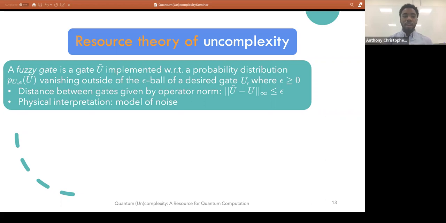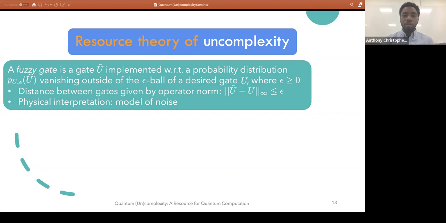There's some probability going in all directions of that gate U that we get some other gate U tilde. And moreover, the assumption is that we won't have any probability of getting a gate outside of some epsilon range of the desired gate U. So that's what the parameter epsilon quantifies. We don't have any other restrictions on the probability distribution here.